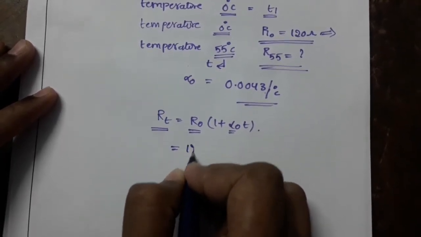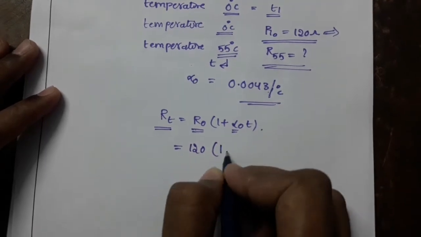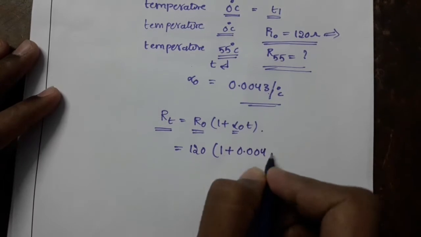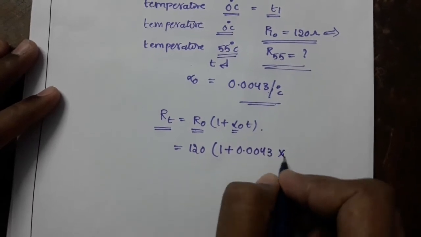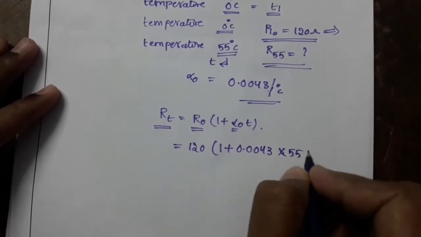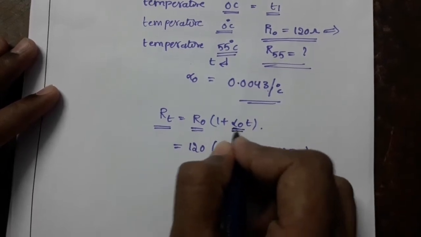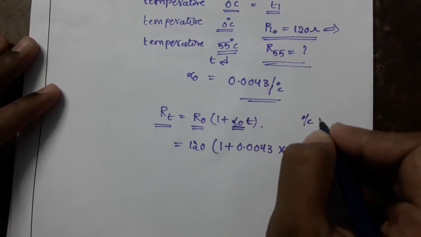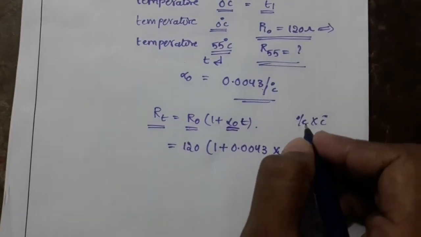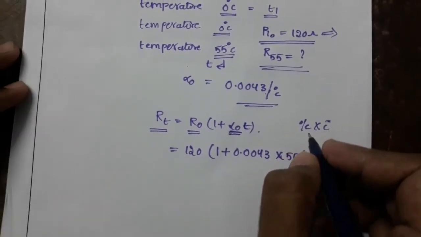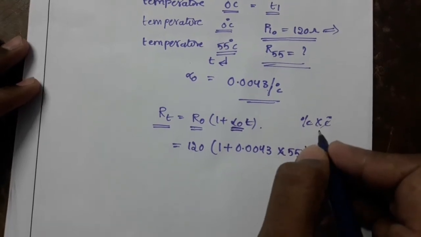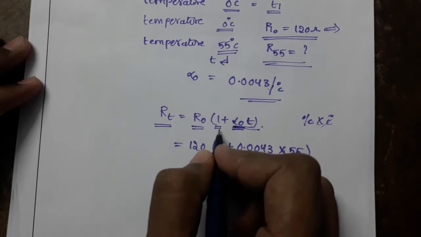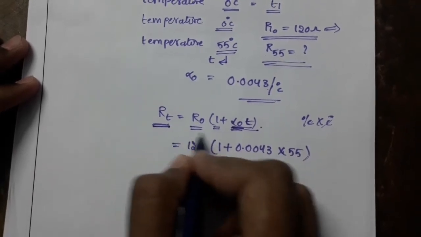So 120 into 1 plus 0.0043 into temperature of 55 degrees centigrade. Alpha naught will be in per degree centigrade, whereas temperature is in centigrade. So centigrade gets cancelled. So this will be of no units and 1 is of no units. So resistance will be in ohms.